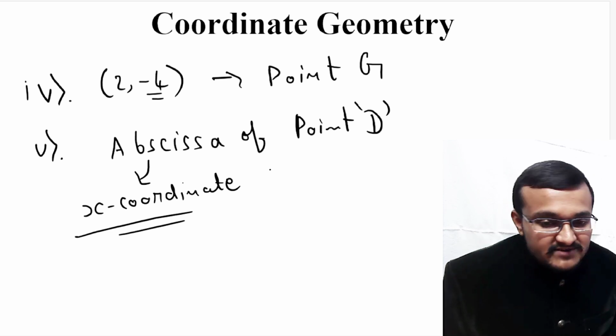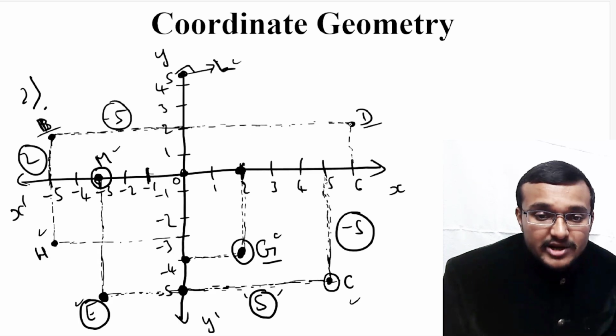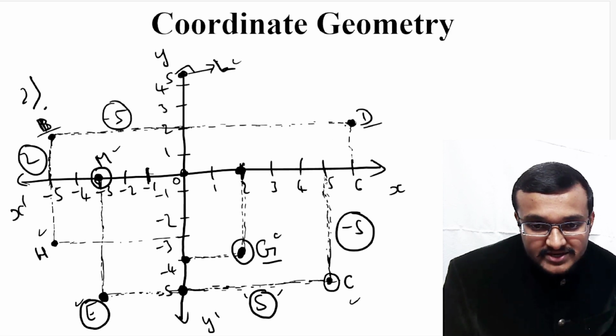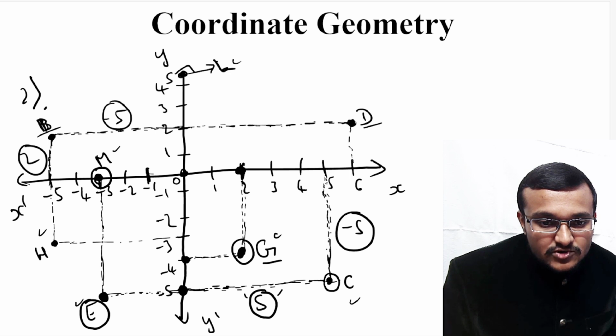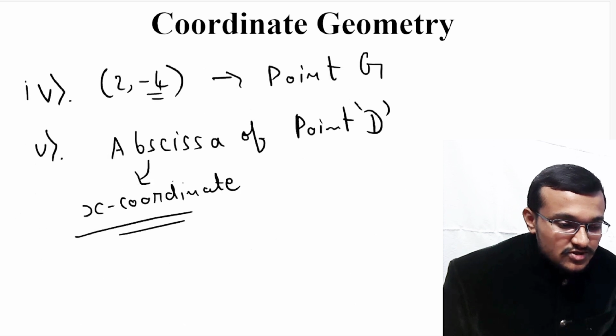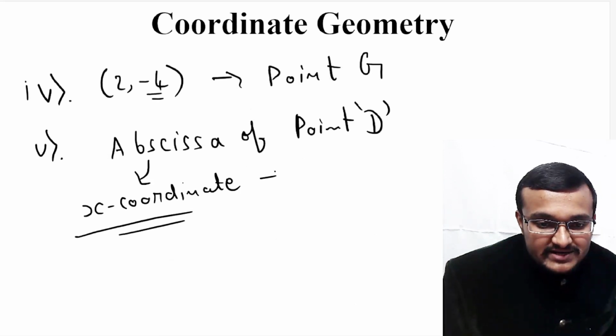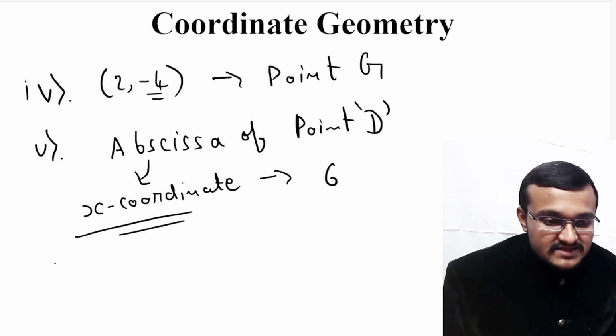So let us identify the point D in this diagram. We have point D here. Now we have to find the value of the x coordinate, which is this one, perpendicular to the y axis. What is the unit of this x coordinate? It is plus 6. So the abscissa of point D is 6.